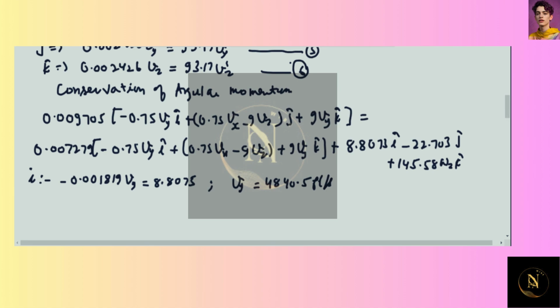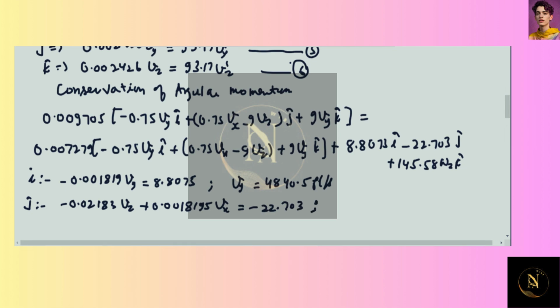If you equate the coefficient of j cap, you may write minus 0.02183 Vz plus 0.0018195 Vx is equal to minus 22.703.